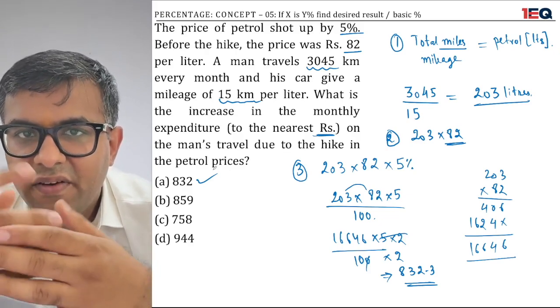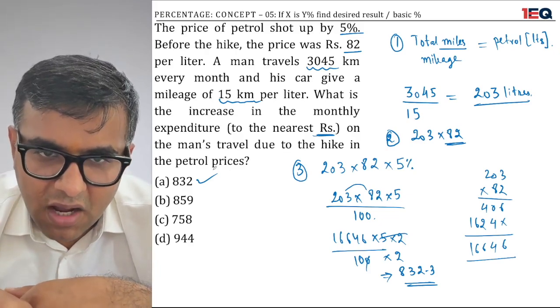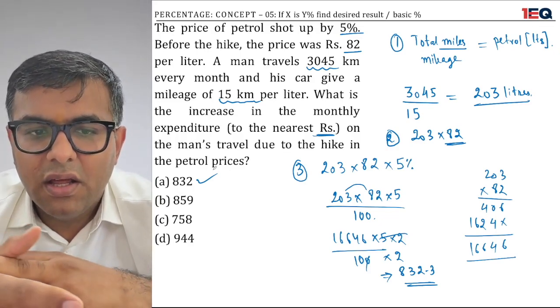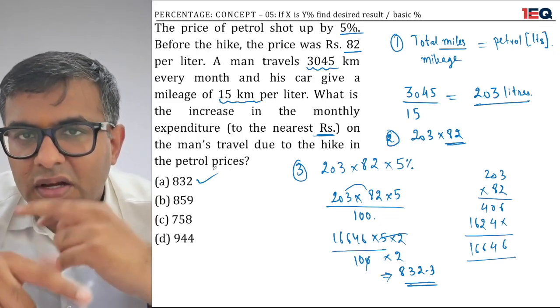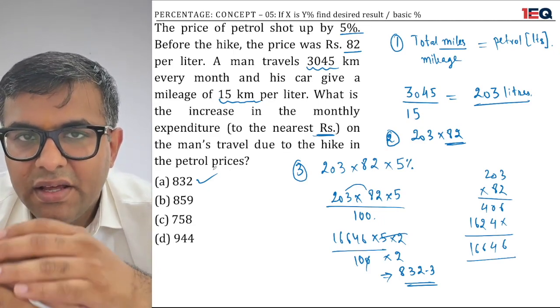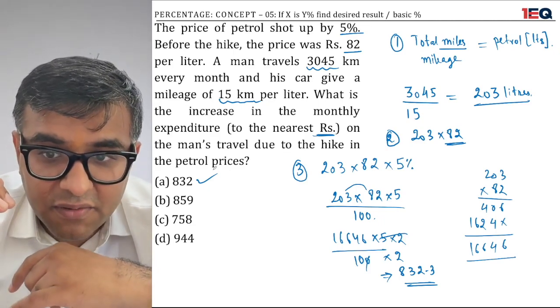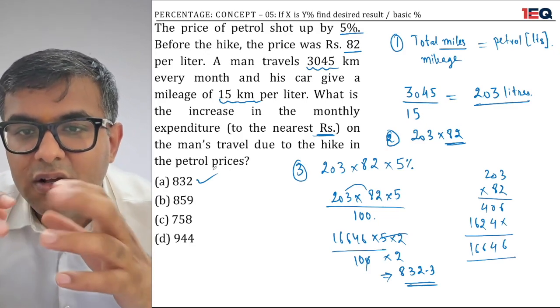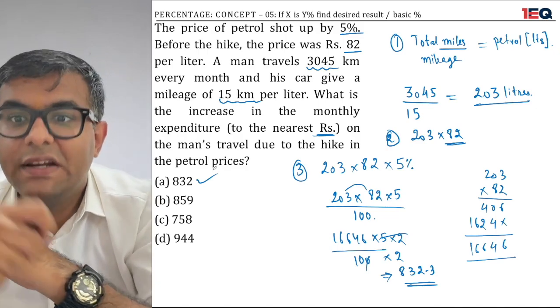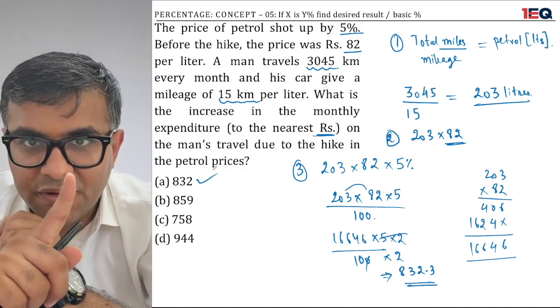It means if I fill up his car with only 1 liter of petrol, the car would move 15 kilometers ahead only. But in reality, he has to move 3045 kilometers ahead. So he would need the petrol, which is 203 liters, which we've come down to in the first part.